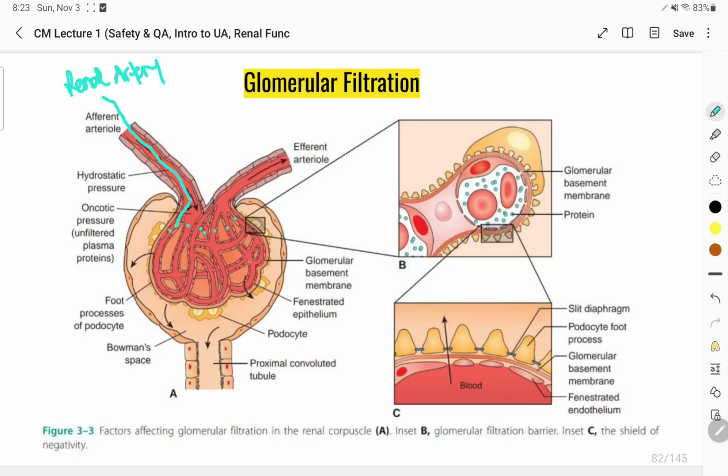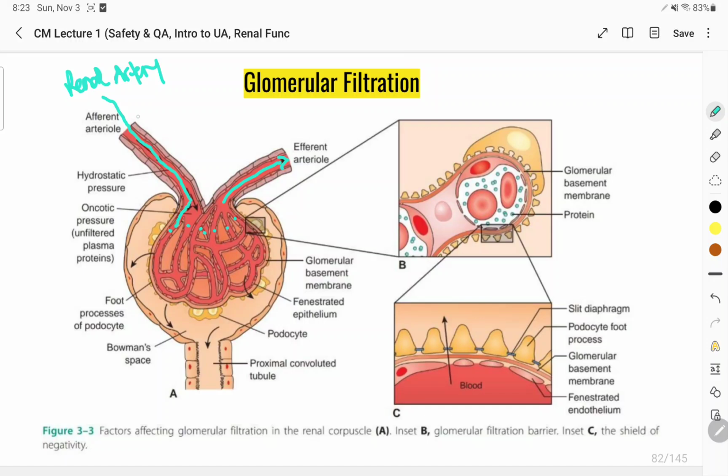Some of the blood nga dili ma-filter diri ani sa afferent arteriole. Okay? So, here in our afferent arteriole, gitawag nga hydrostatic pressure. Duha ka pressure nga makita dinhi. Pero later lang na, ang anatomy.